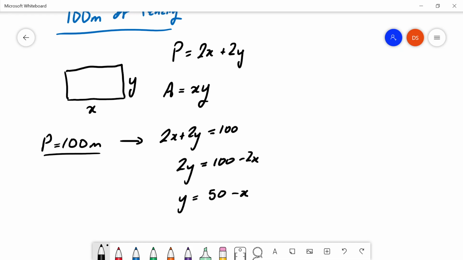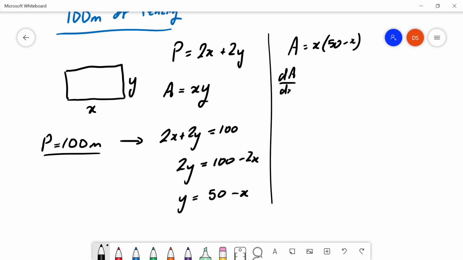So I have an equation for the area, x times y, and now because of this perimeter that linked them together, I now have an equation for the area that is x times (50 minus x). Notice it's very similar to the question before, and if I want to optimize it, I need to find the gradient and set it equal to 0 and find out when that happens.